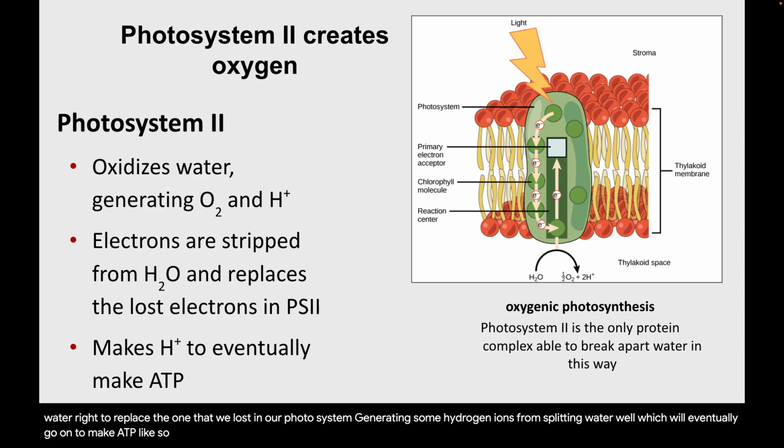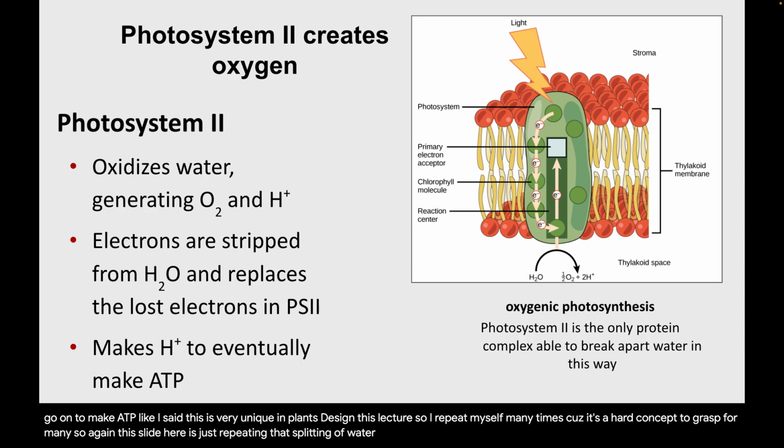Like I said, this is very unique in plants. I've designed this lecture so I repeat myself many times because it's a hard concept to grasp for many. So again, this slide here is just repeating that splitting of water.